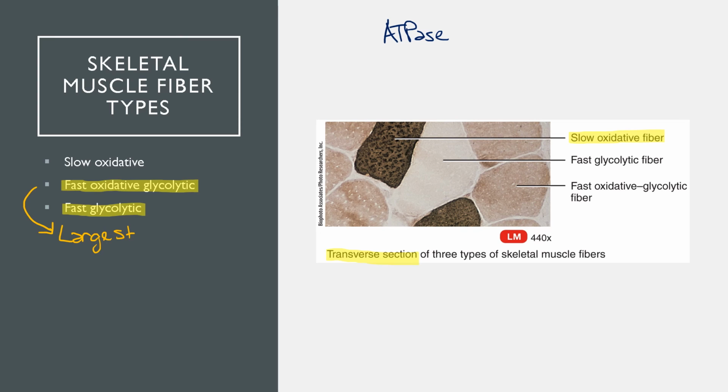And they also contain large amounts of myoglobin and several capillaries, though not as many as the slow oxidative fibers. So we're going to have large amounts of myoglobin, several capillaries, sorry.